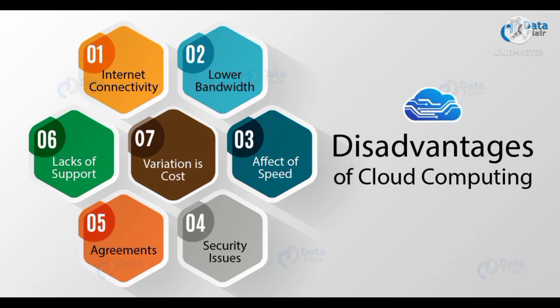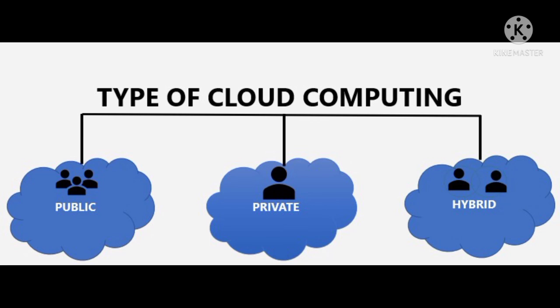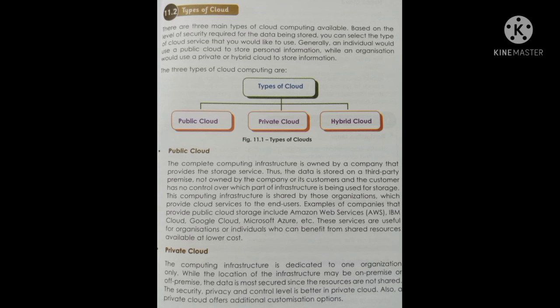Now, we are going to learn the types of cloud. There are three main types of cloud computing available based on the level of security required for the data being stored. You can select the type of cloud service that you would like to use.